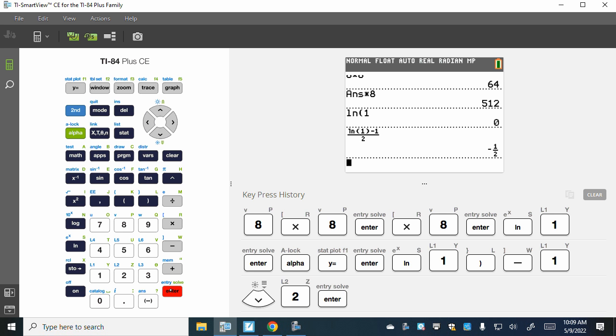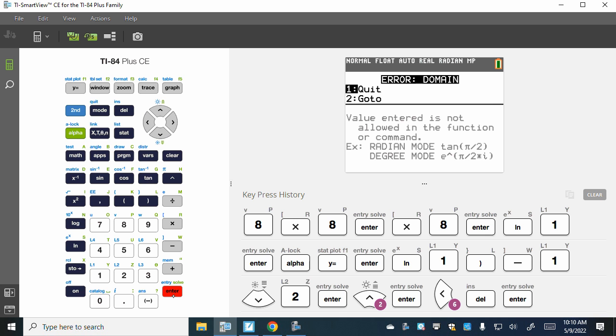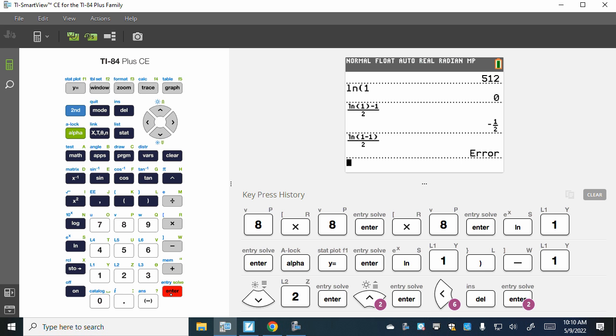Now, when you type that into the calculator, do make sure to close the parentheses after the ln. Because if you leave that parenthesis open, it will actually give you an error that it does not work. If I say delete, enter, error, domain, doesn't work.